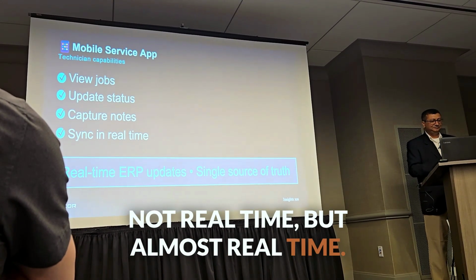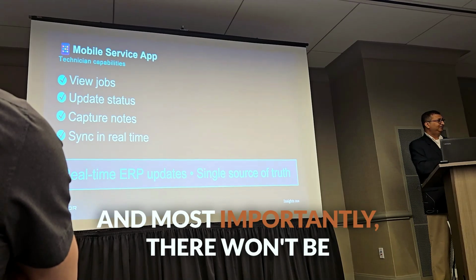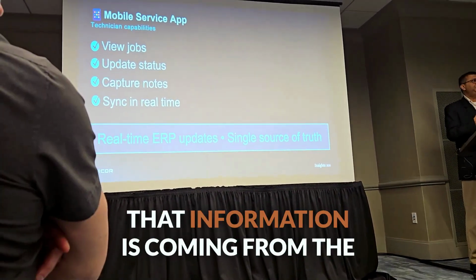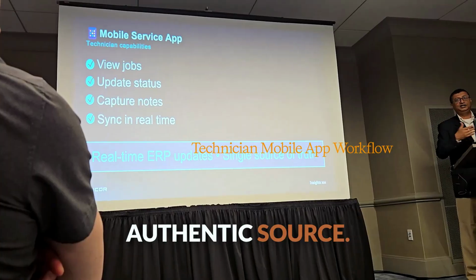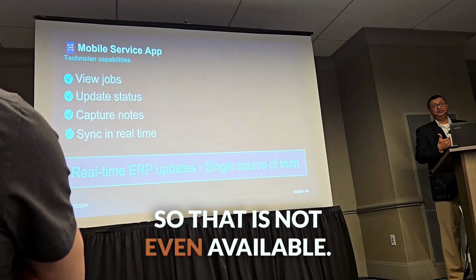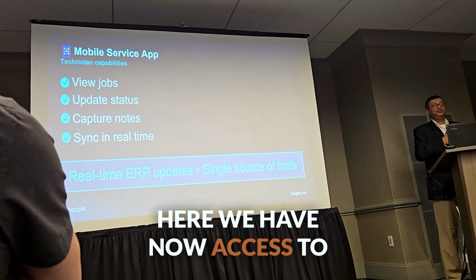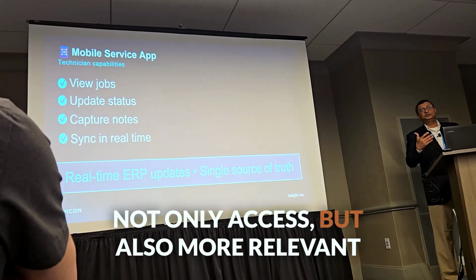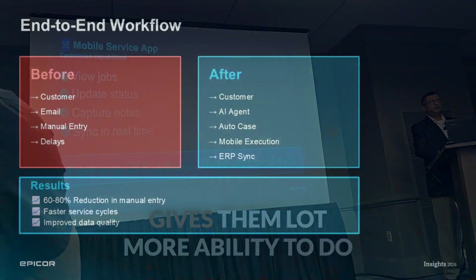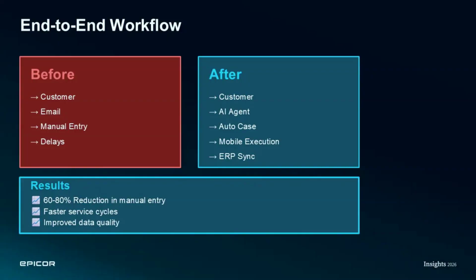Most importantly, there won't be information lost in transit, because the information is coming from an authentic source. In most cases, this information does not even make it back to customer service, so it is not available. Here we now have access to the information, and not only access but also more relevant information, which gives them the ability to build things from it.